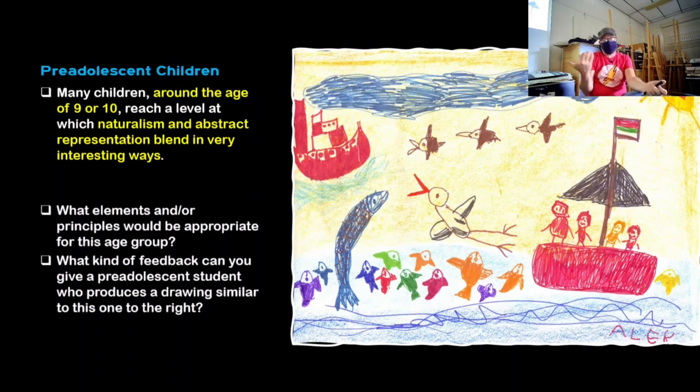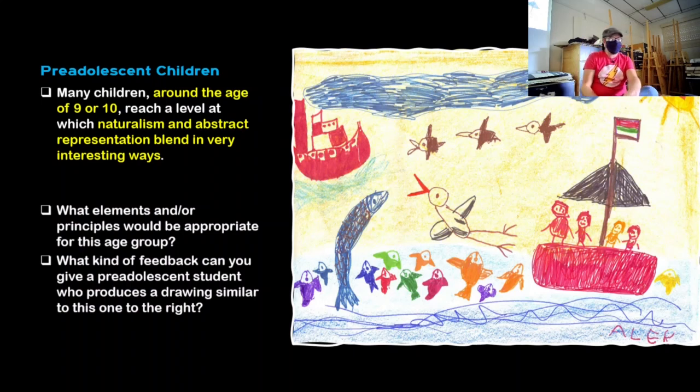In this particular case, I'd say the use of color is pretty awesome. All these pinks and blues, and it's interesting that some of the colors are very much related to how our eyes would see that thing, and in other places it's just what the kid liked.